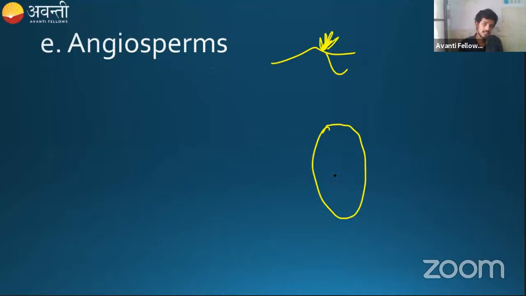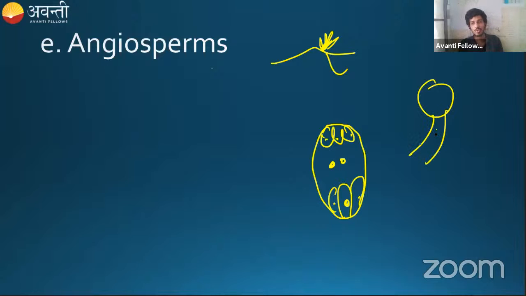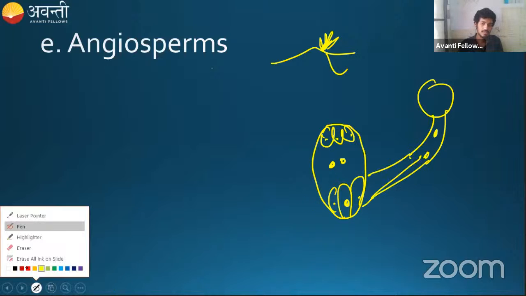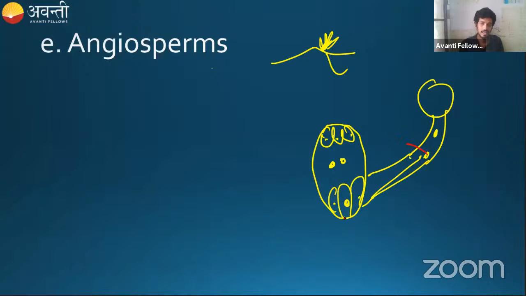In angiosperms, think about it like this: an egg will be here, two nuclei will be here, and three other cells, and two other cells are here. And this pollen grain will have two gametes. When they approach and come here, first this gamete will fuse with the egg, and this will form the diploid zygote.